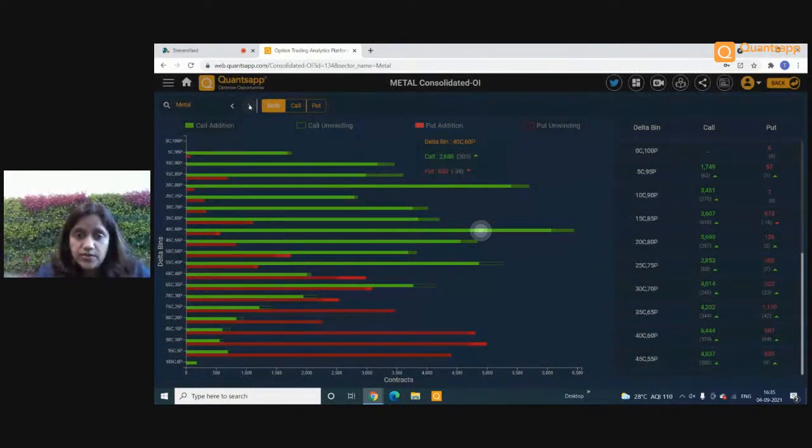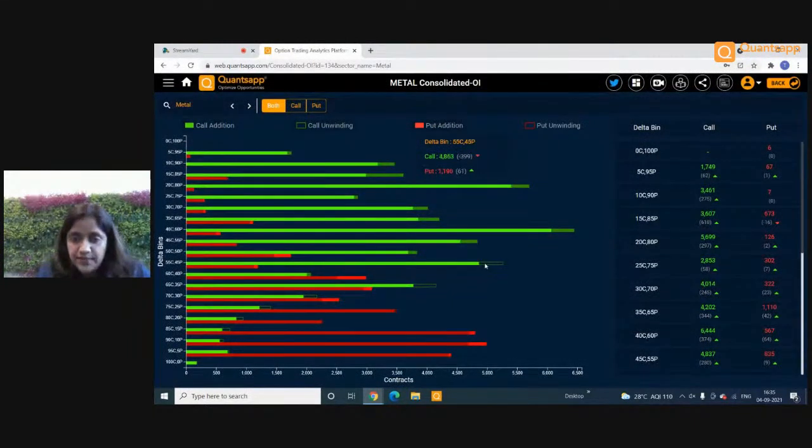Metals, a very strong thing. If you see that in metals there was an unwinding at the 55 call, and it shifted to the 45 call and 20 call. One more thing: where you see a good unwinding, check where the next major addition was seen. Is it the immediate strike or a strike a little far off?